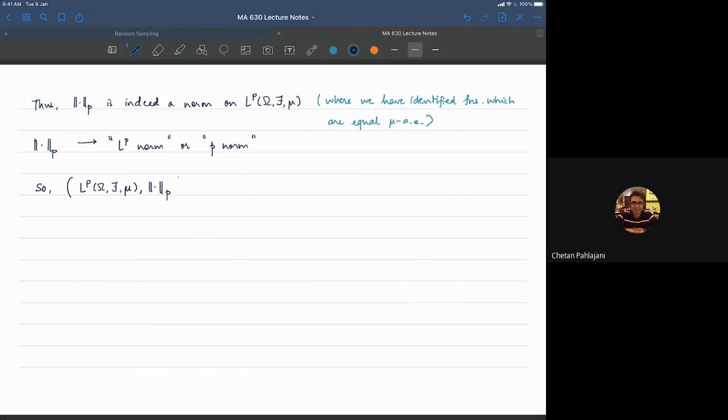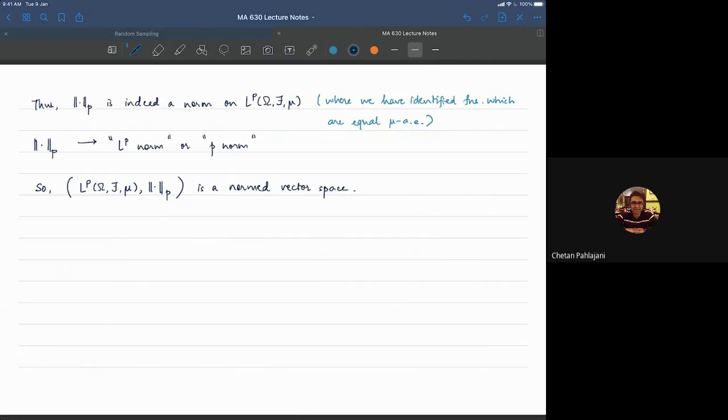So this thing is a normed vector space. And of course, a question that arises, given that it's a normed vector space, is: is it complete? Well, what do I mean by complete? We know that a metric space is complete if every Cauchy sequence converges.